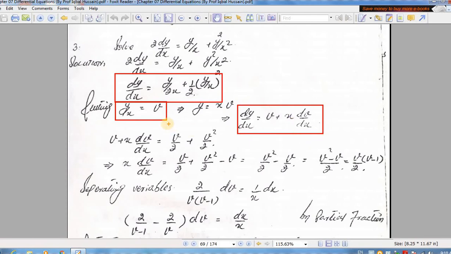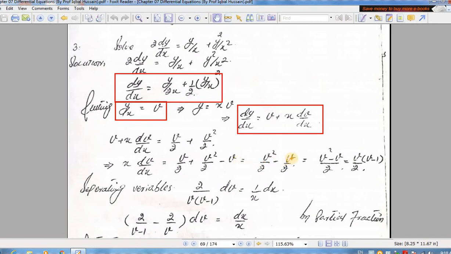We will get v plus x dv by dx is equal to, y over x is equal to v, and this 1 over 2 is here. Similarly 1 over 2, and this is v square. Now simplifying, this v will be shifted here.